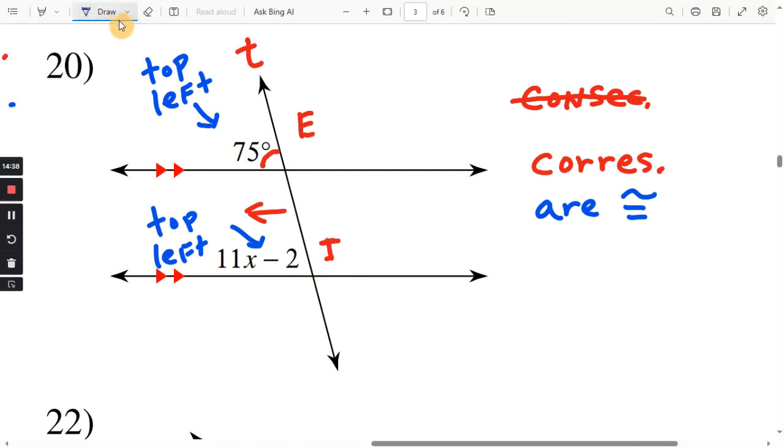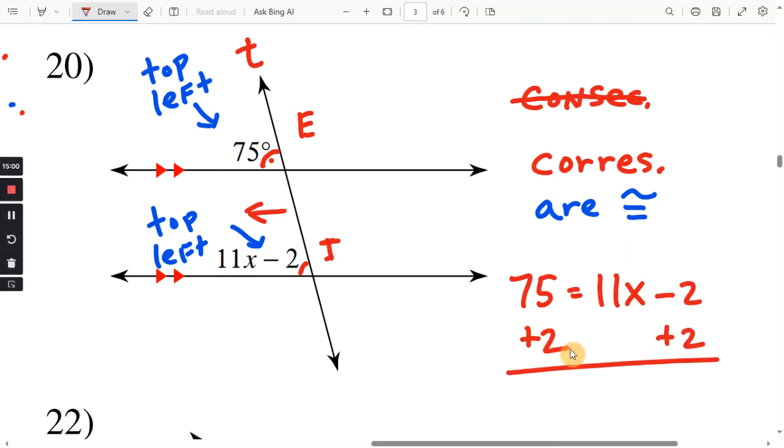We're just setting them equal. This angle is 75 degrees, and this angle is represented by this expression, 11x minus 2. Now we're just solving for x. The opposite of minus 2 is plus 2. You do that to both sides. 75 plus 2 is 77.